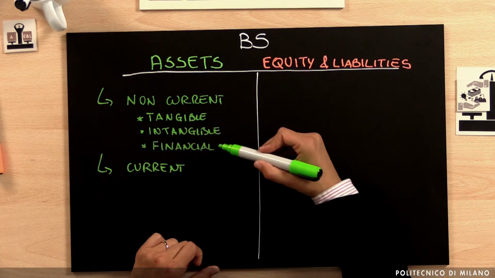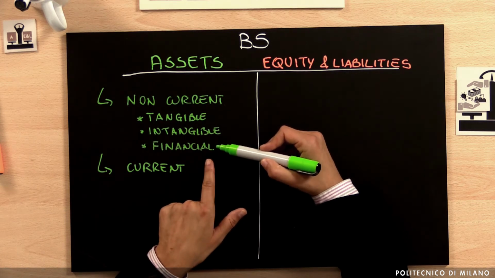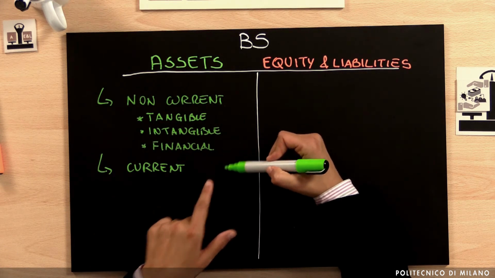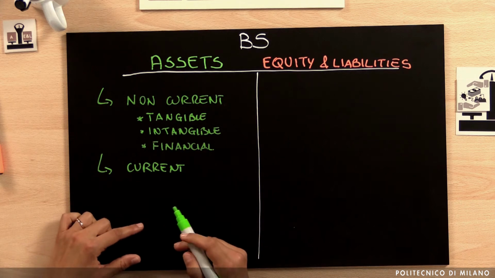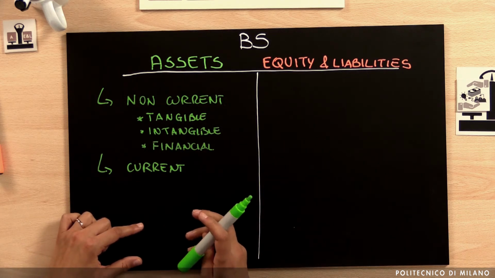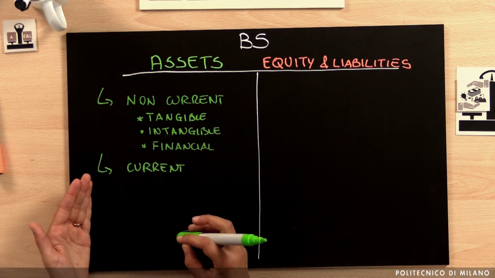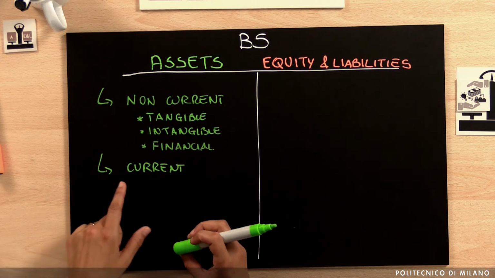So basically, the company is investing money in other companies in order to receive back some financial incomes. Given that this is a long-term investment, we characterize it within the non-current assets. Pay attention, because this element of the financial non-current assets can also be classified within the current section in the moment in which these resources are available for the company within the next 12 months.